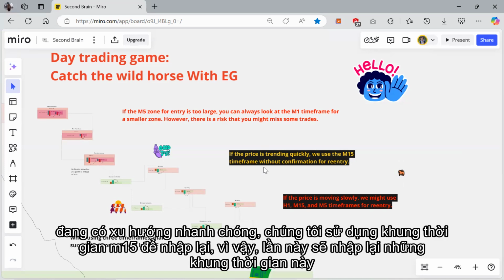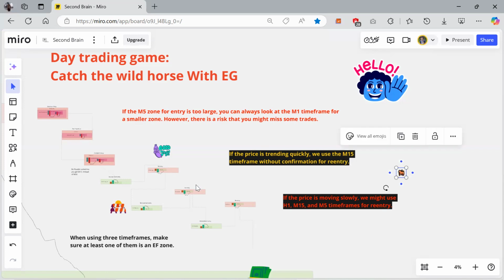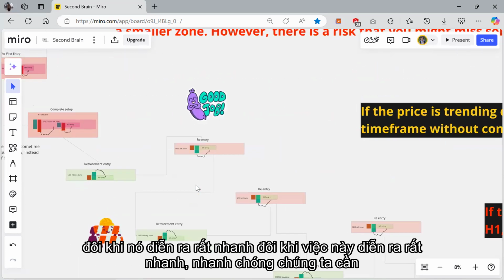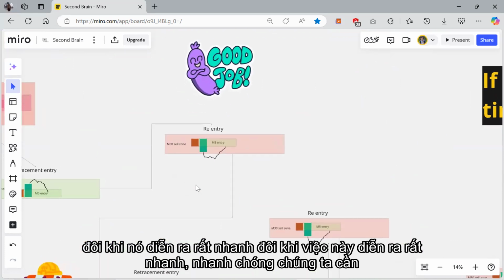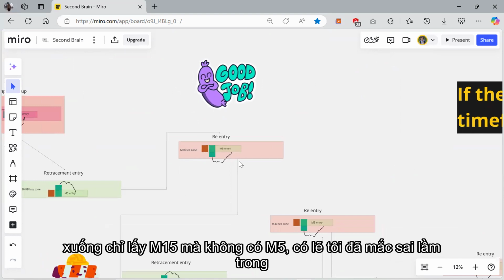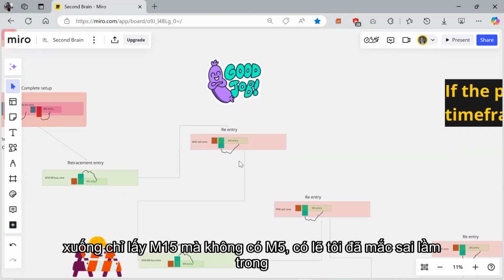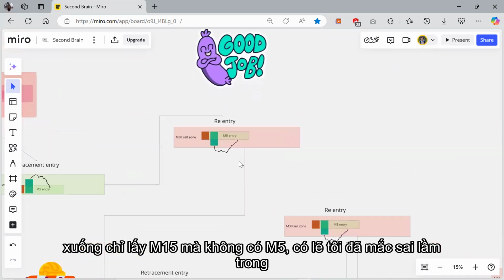If the price is trending quickly, we use M15 time frames for re-entries. So these re-entries, sometimes it goes very quickly. We need then to take just M15 without M5.